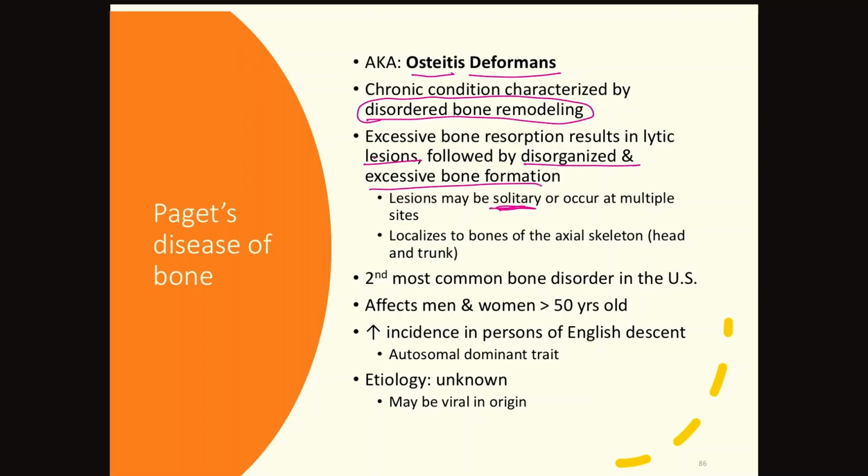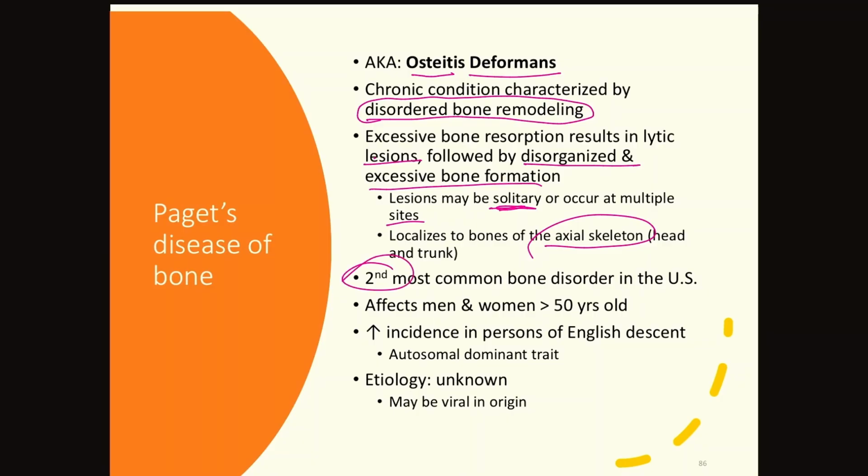Lesions may be solitary to one bone, or they can occur at multiple sites. Different bones could be affected, usually bones of the axial skeleton, the head and the trunk. It can get so bad for people with this type of disorder that they can't support their head anymore. The C1 collapses because of the deformed bone. They can't hold their head up.